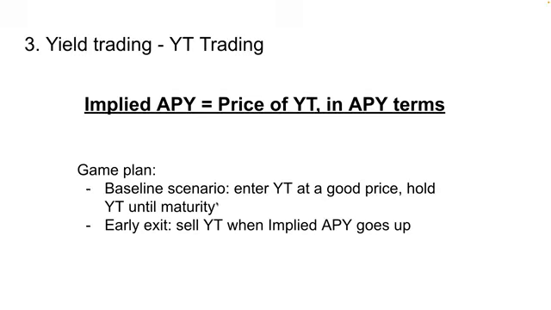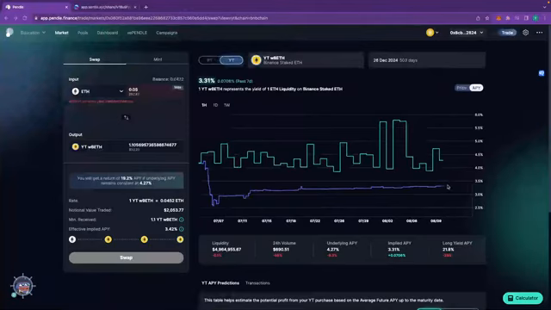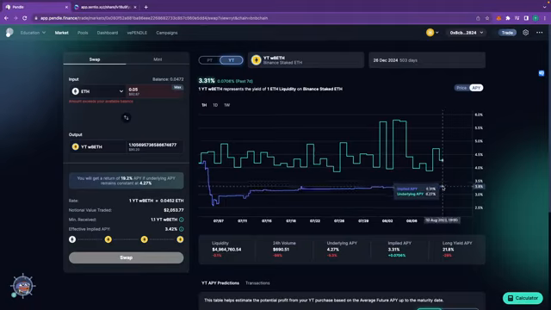And as with PT trading, there can be an early exit scenario where, say, tomorrow for some reason, the implied APY for Binance staked ETH shoots up to like 4%. And that means that my YT price will also shoot up significantly, say by 5%.